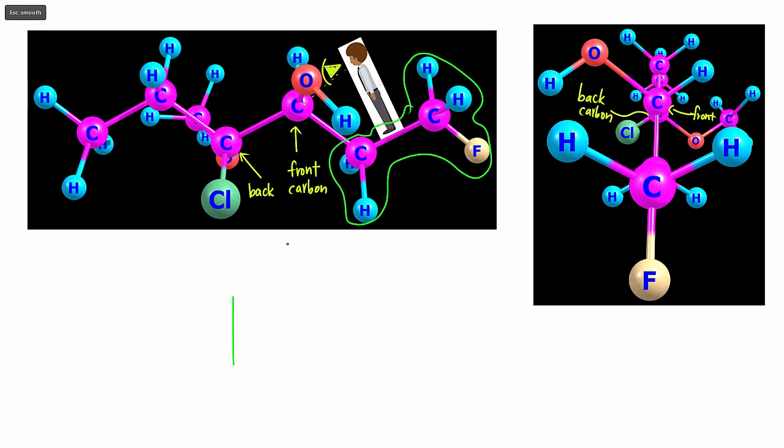It points down. Coming off of this front carbon is going down. Just like it is here, it is going down. That bond is projecting down. So it would be CH2, CH2, and a fluorine. Okay.